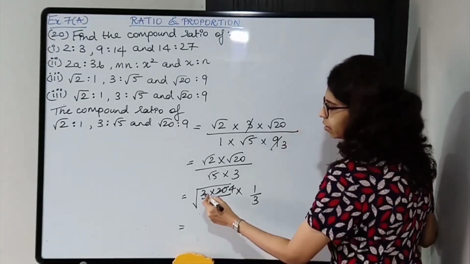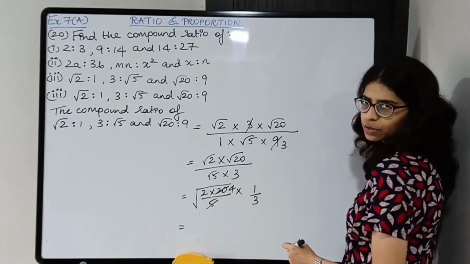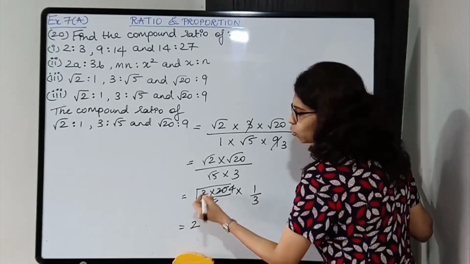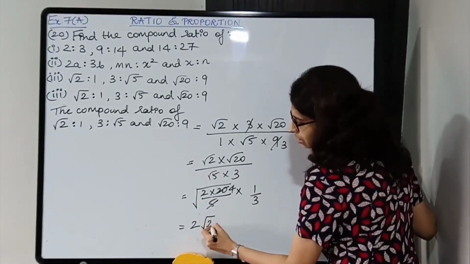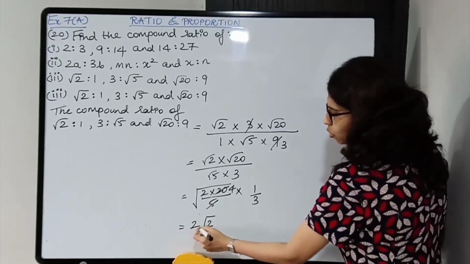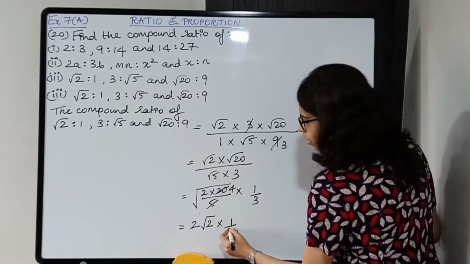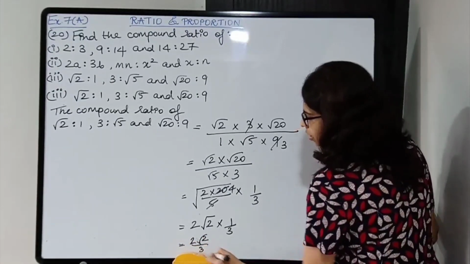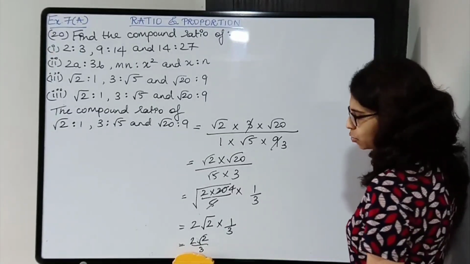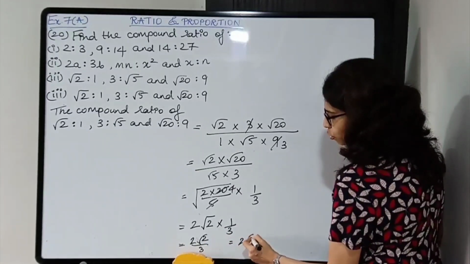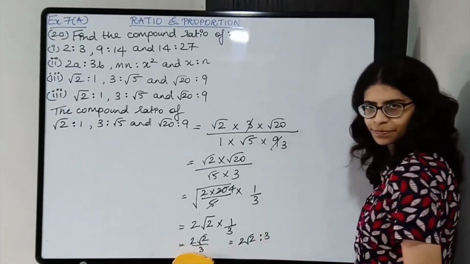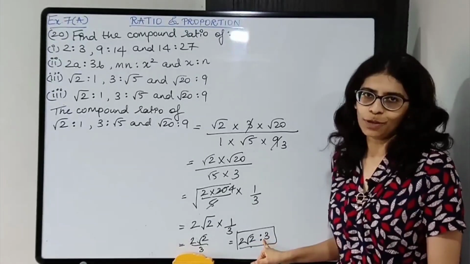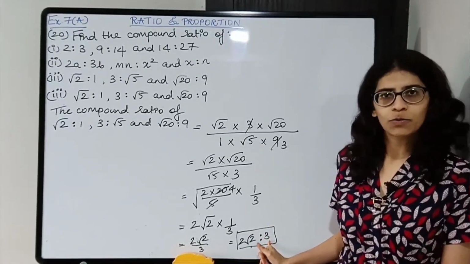So over here 2 into square root of 4 has to be found out. What will be the square root of 4? It will be 2. Okay, and square root of 2 is nothing, it is irrational. So 2 root 2 into 1 upon 3, that is 2 root 2 upon 3. Okay, so you are getting the answer as 2 root 2 is to 3, right. Final has to be written like this. So not in upon form, in is to form. So 2 root 2 is to 3 is the compound ratio.